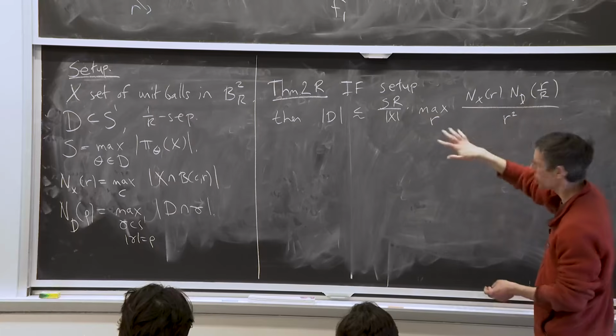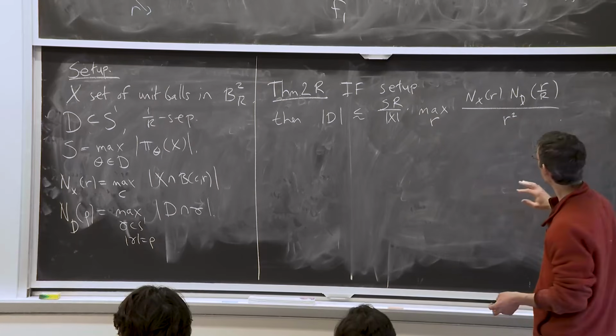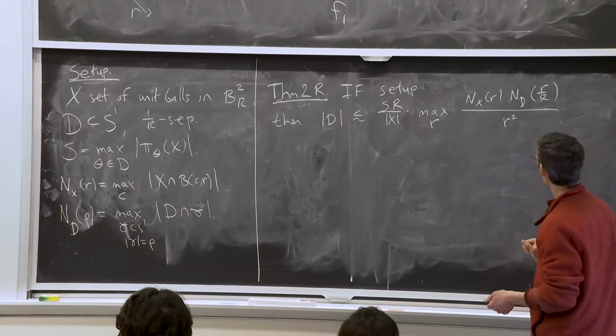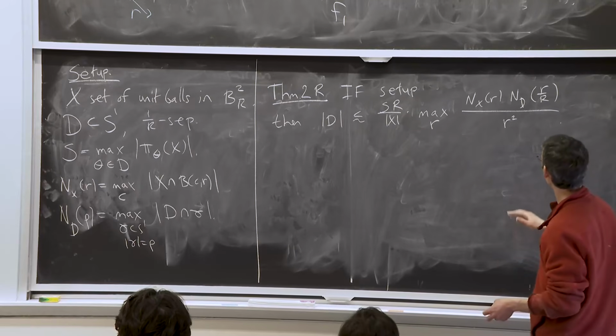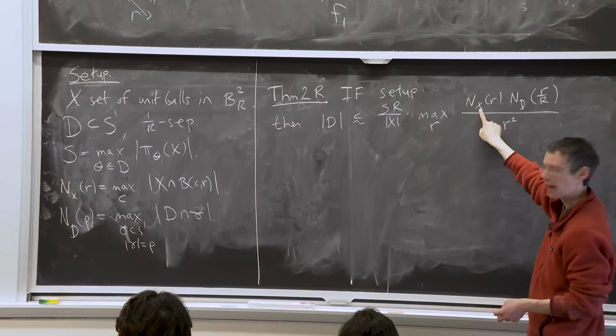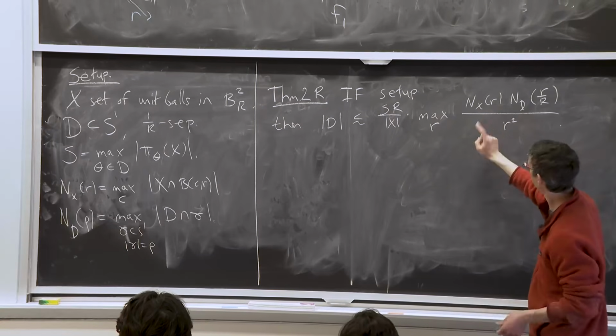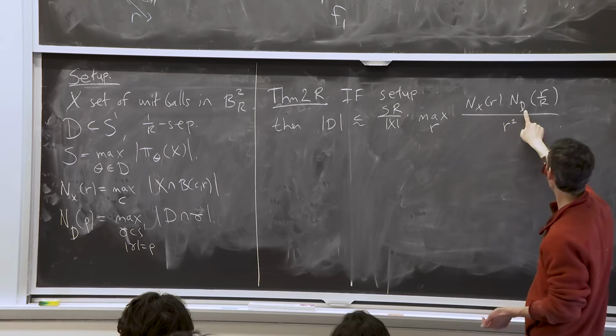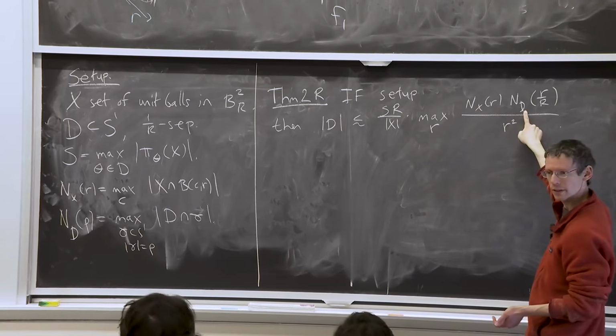OK, so this is a little bit messy. And we'll eventually make some hypotheses that allow us to simplify it. But just notice for now that this estimate takes account of how the set of x of unit balls is clustered, and it takes account of how the set of directions is clustered.